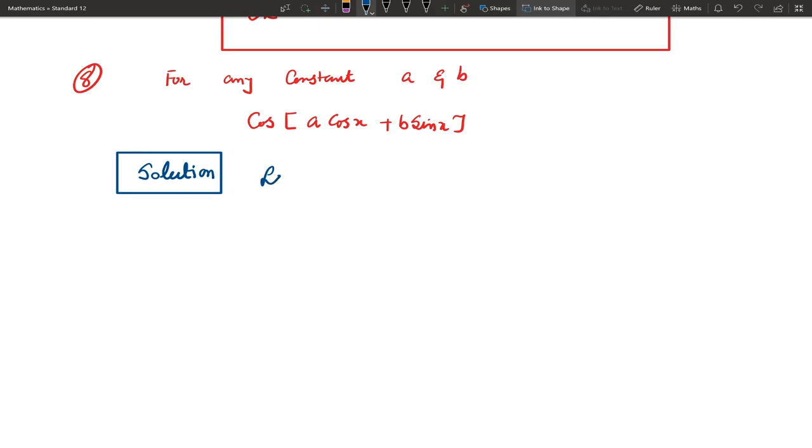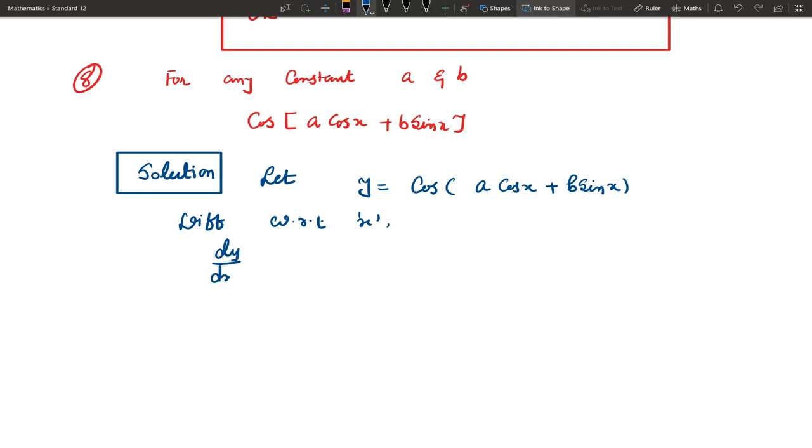Solution. Let y equal to cos of a cos x plus b sin x. Differentiate with respect to x on both sides. Left hand side dy by dx.